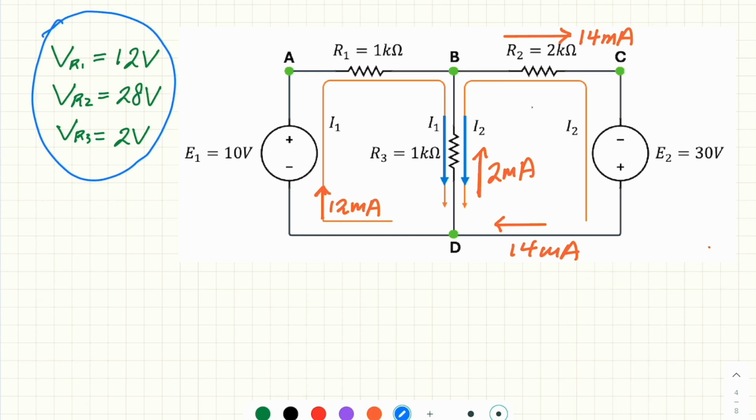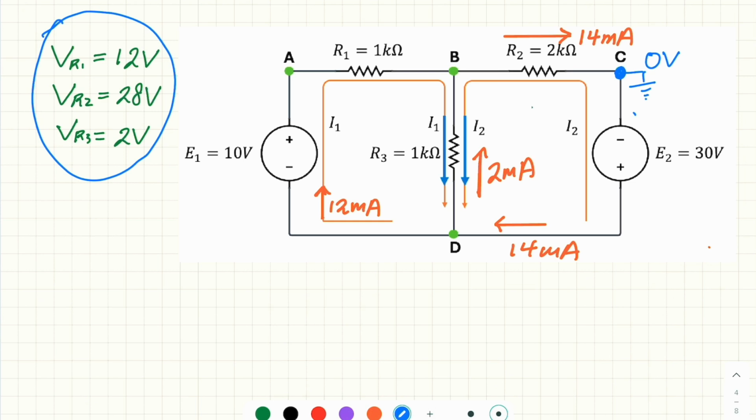In this part, we are asked if we put VC as 0. It means if we put this point here to the ground, and this equals 0 volt. And we are going to check if we measure the potential at each node, are they consistent?